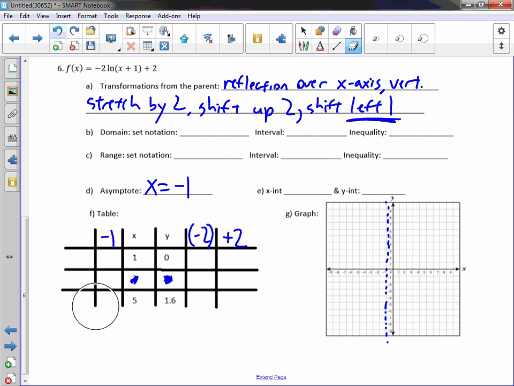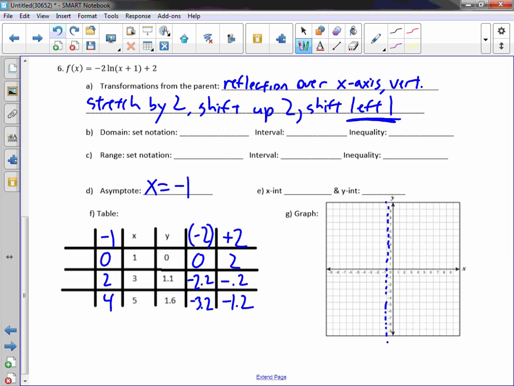For the sake of this exercise, we'll use the points that are already here. However, on the test, feel free to use that point 2.72 for x and 1 for y. So we do minus 1, we get 0, 2, 4. Here we'll get 0, negative 2, negative 3. Then plus 2 is 2, negative 0.2, negative 1.2.